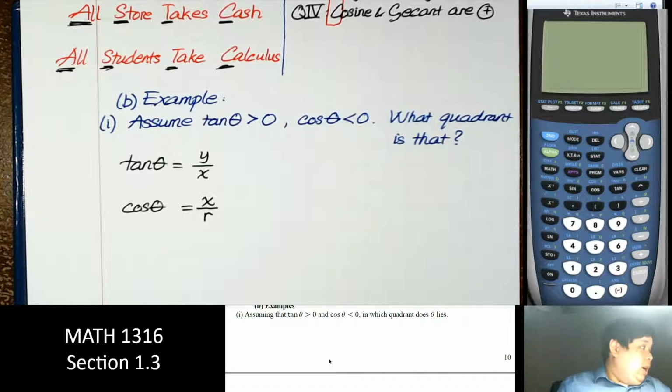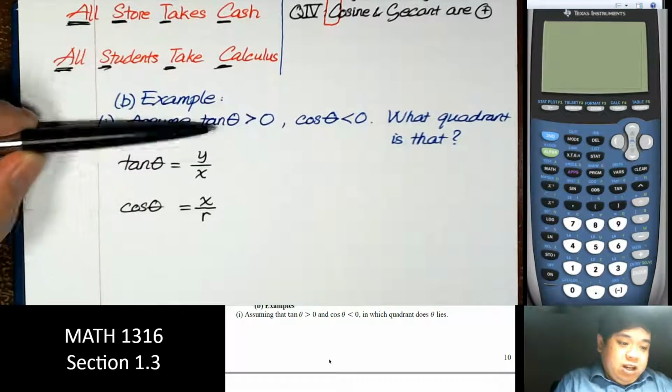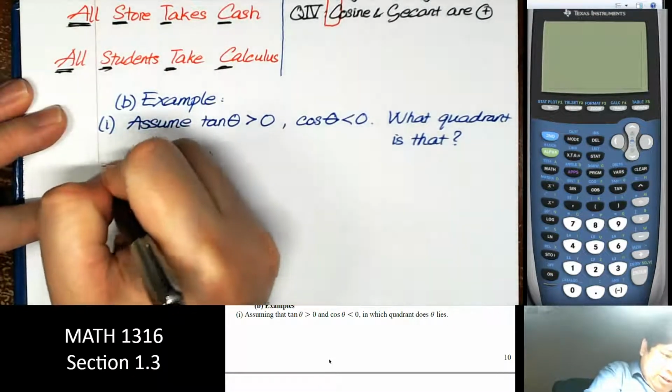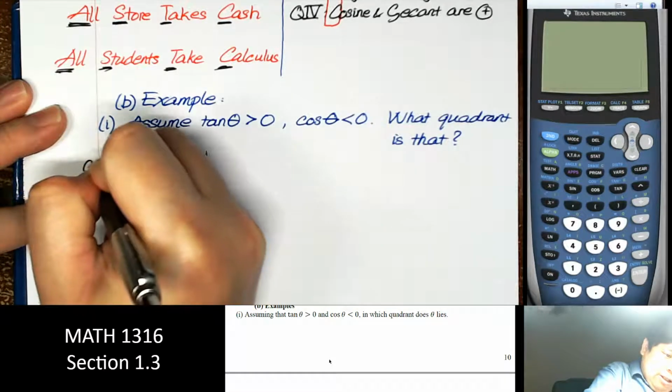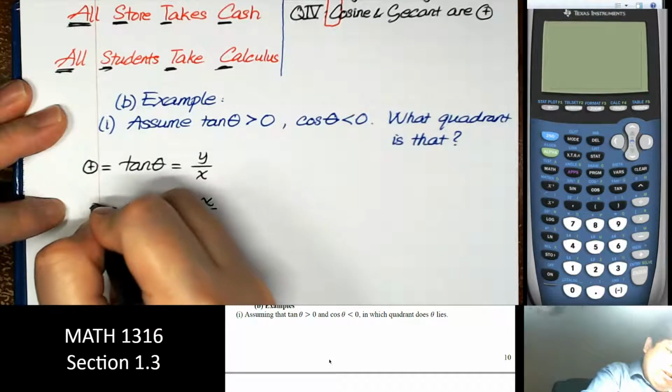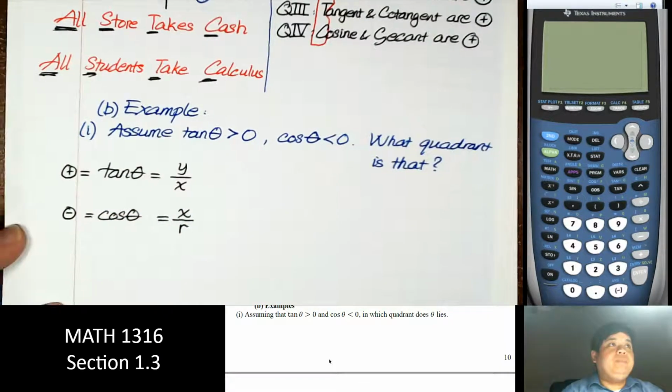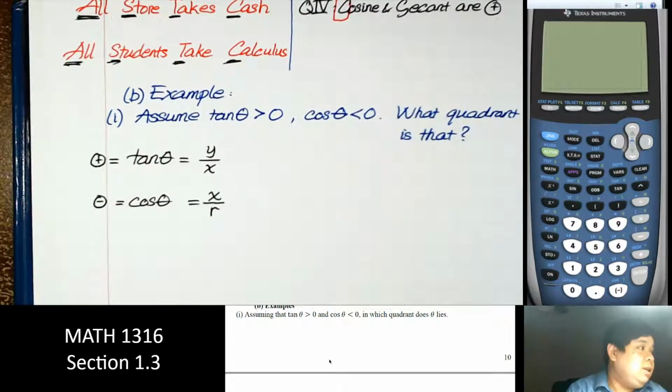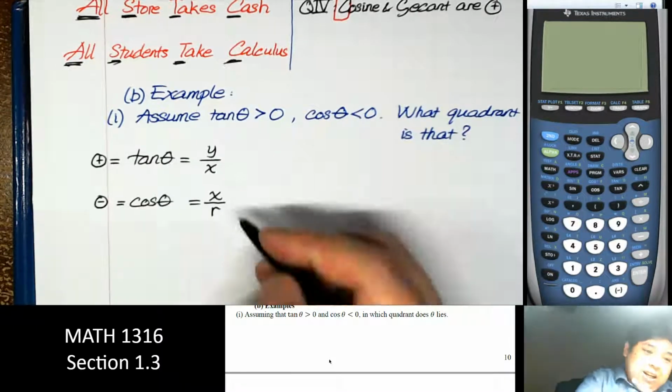Now, the question says the tangent is positive, so this is positive. Cosine is negative, less than 0. Now, just do some reasoning.